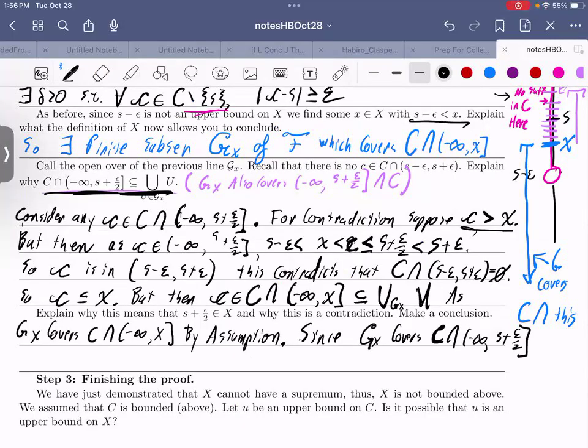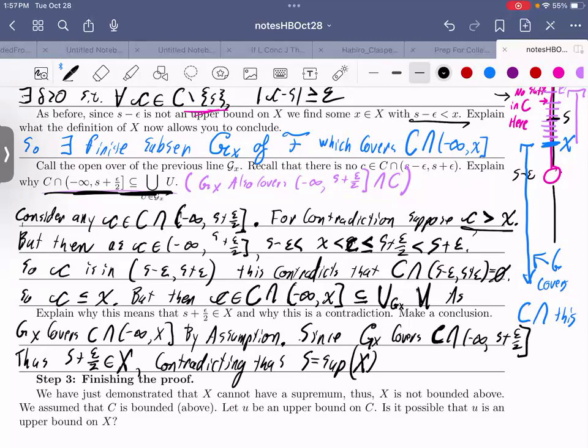The set big X is all of the x's so that if I take everything in C and intersect it with negative infinity to x, that thing is covered by a finite collection of F. Gx is a finite collection of F, and it covers negative infinity to s plus epsilon over 2. Thus, s plus epsilon over 2 is in X, contradicting that s is equal to the supremum of big X.